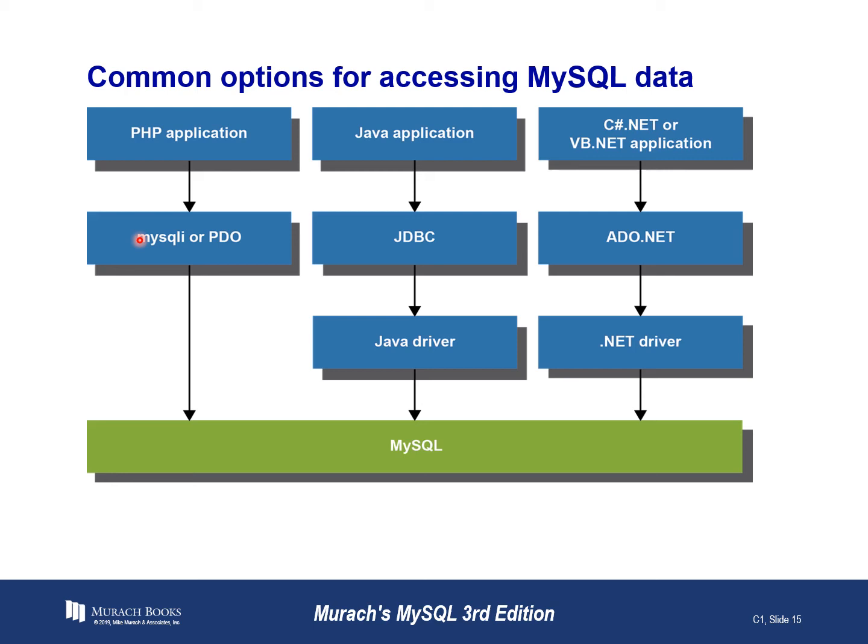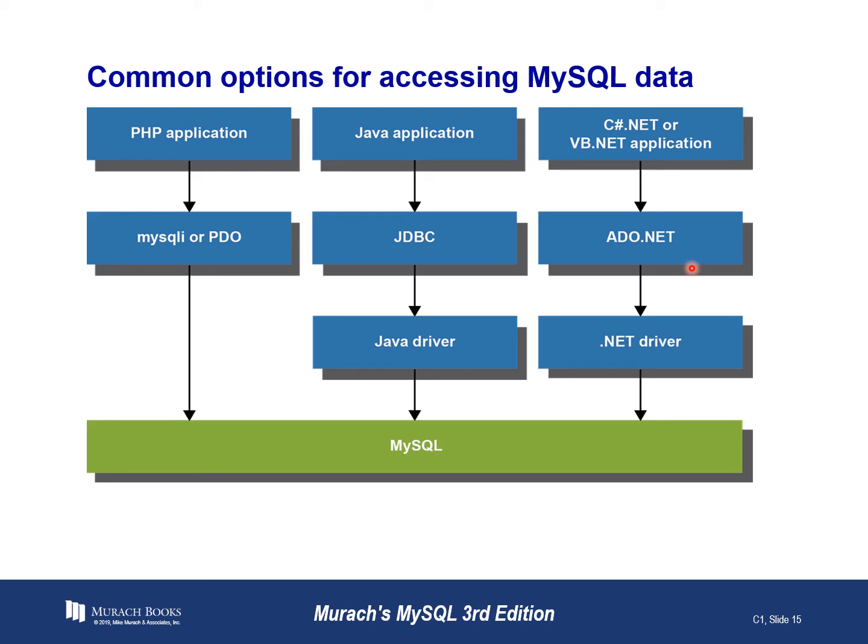To work with a MySQL database, an application uses a data access API. For example, PHP uses the MySQL API, or PDO, which is the new one nowadays. Java uses JDBC, and .NET languages use the ADO.NET API.